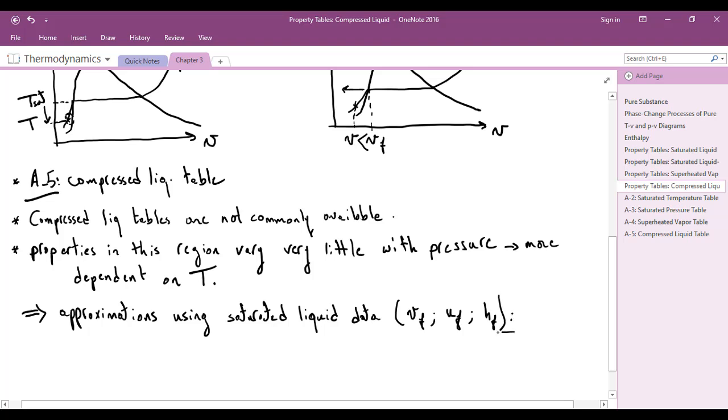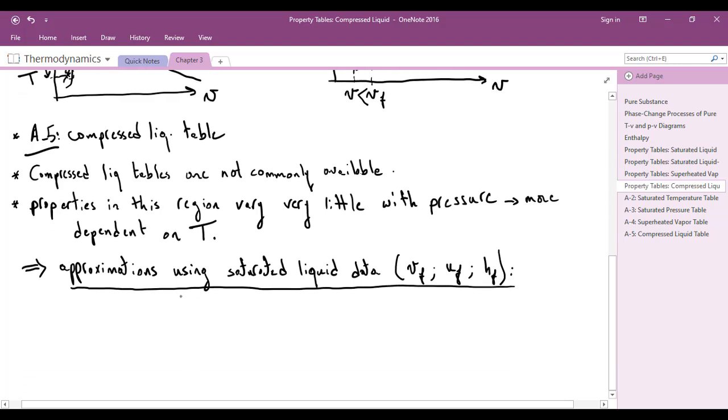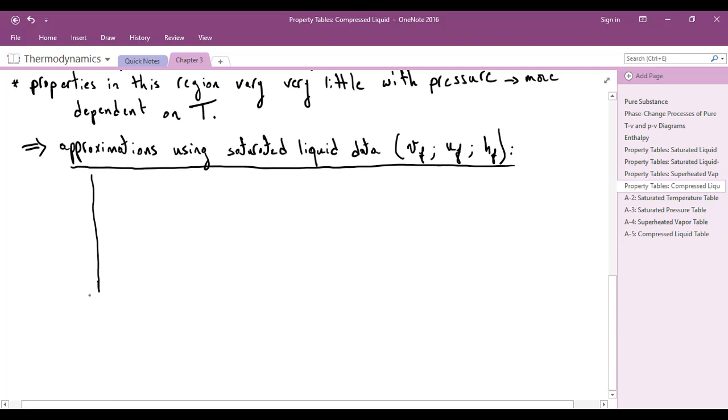So how are we going to do these approximations? I will show you. Let's draw a TV diagram. So this is the vapor dome.